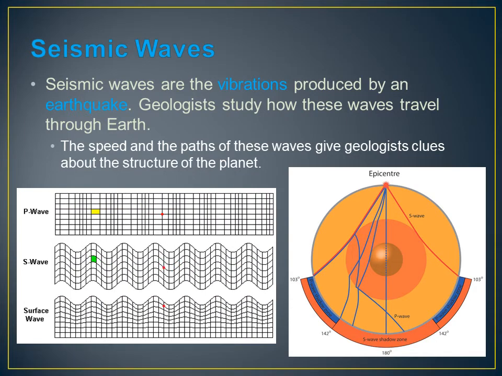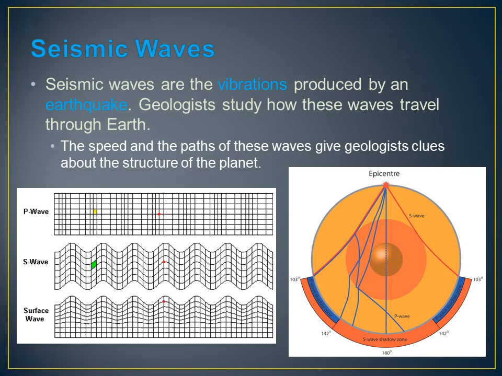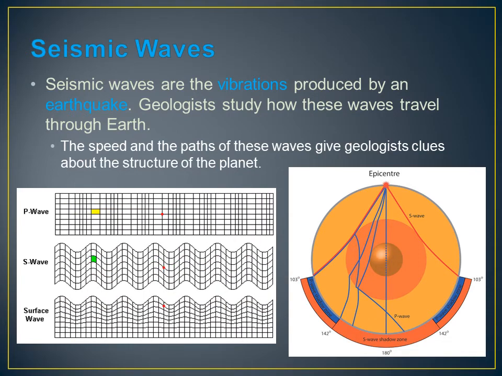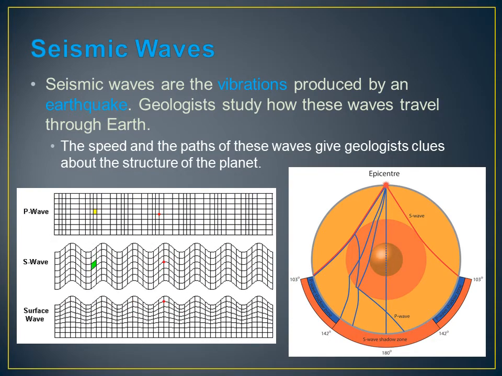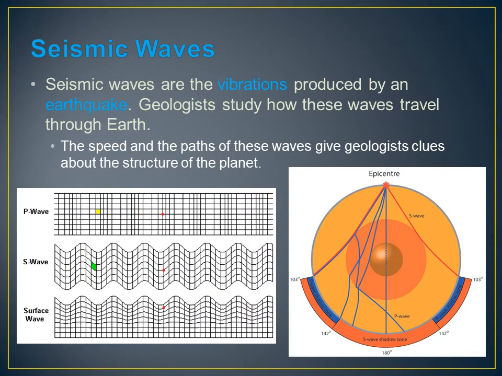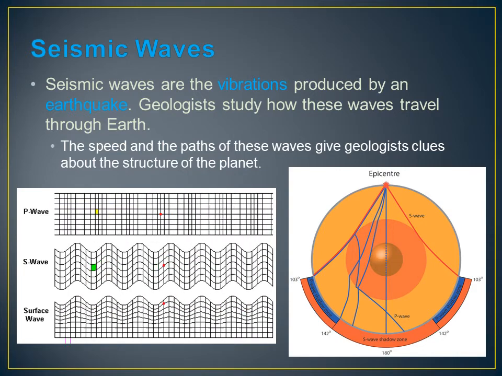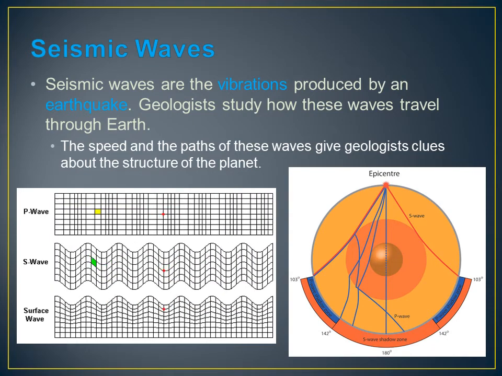Now scientists are going to use that information to determine maybe, what's the consistency of the Earth below this part of the surface. Okay? What types of rocks are below? What types of maybe minerals? Okay? And that will tell us a lot about the structure.